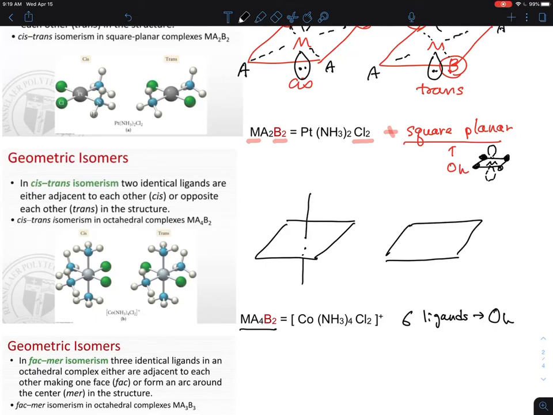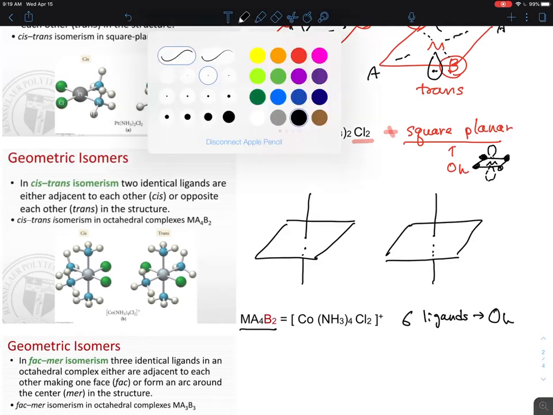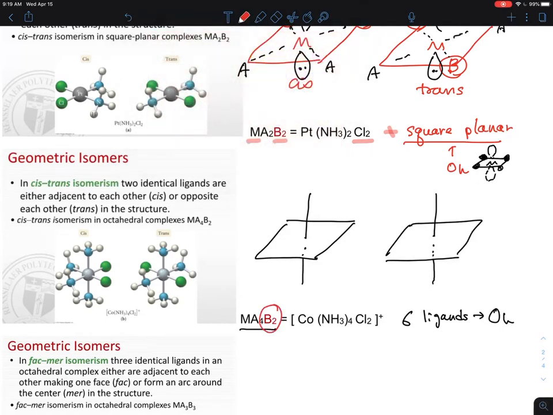This is a piece of paper, then you put one axial, and one at the down axial position. And if I focus on the B, so let me just do the B. If I put a B there, I can choose anyone. So I can choose B here, I can choose B here. They're on the same side, whereas if you put the B here, they are on the opposite side, right?